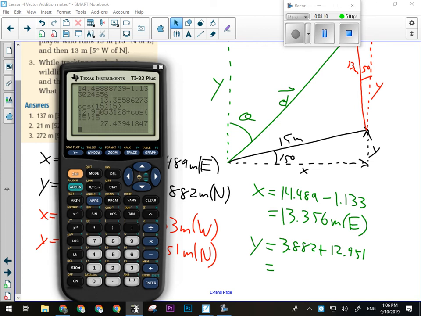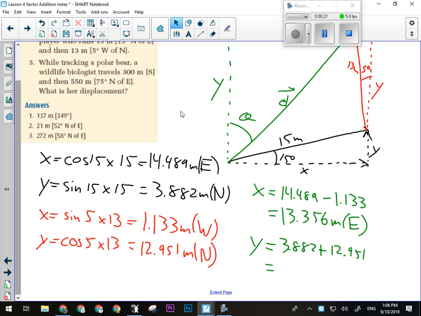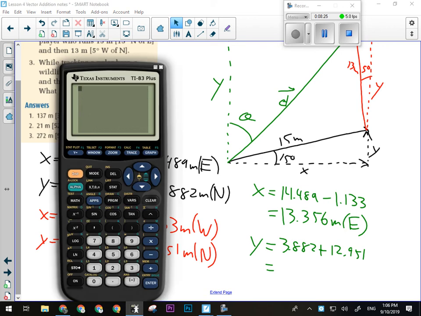All right, so my overall y component here is going to be 27, seems kind of big. Okay, something got messed up here. Let's just try that again. Oh, because I went cos when it should have been sine.